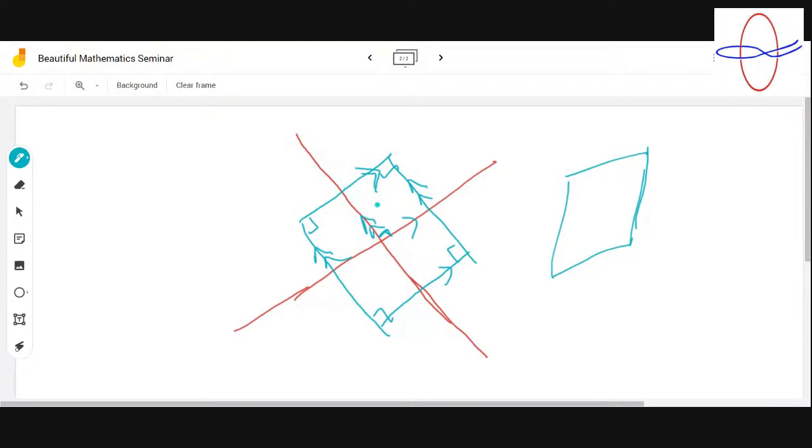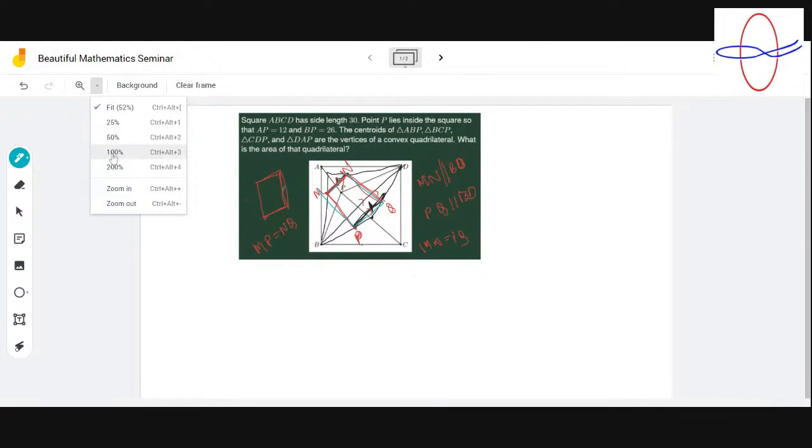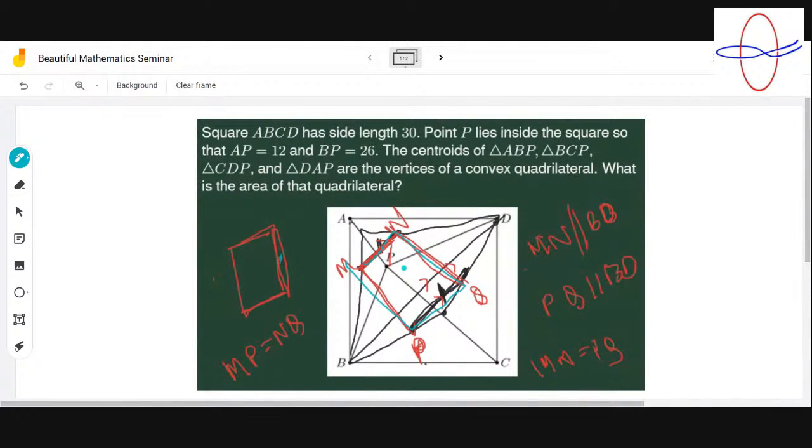Can you tell me, Udayan? Midpoints joining.